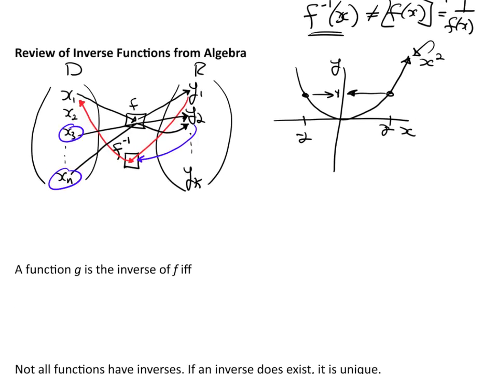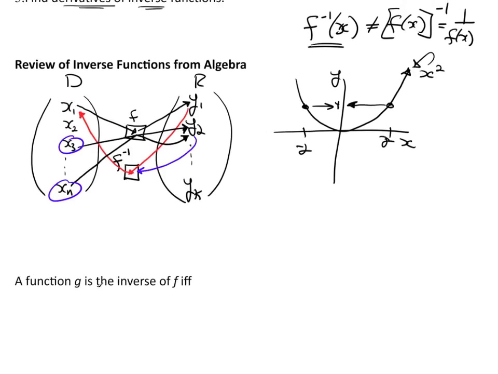Now, a function g is the inverse of f if and only if. I don't know if I've introduced this notation or not, but the iff means if and only if. It's like a two-way implication. This can happen if and only if this occurs.